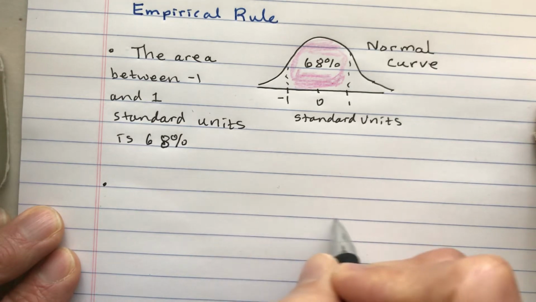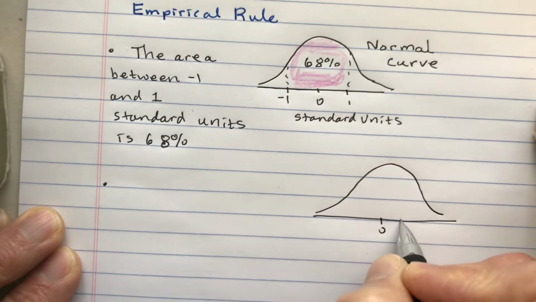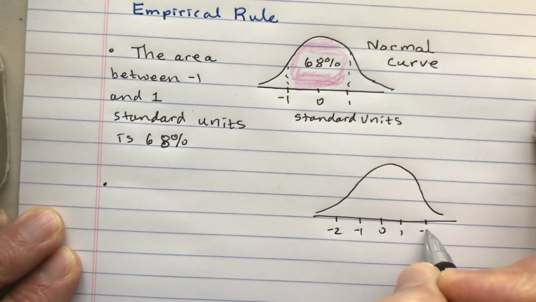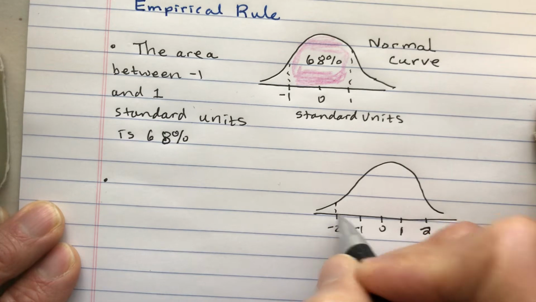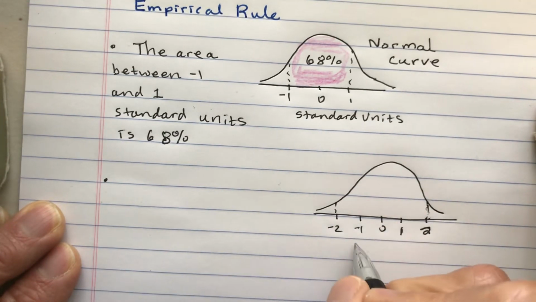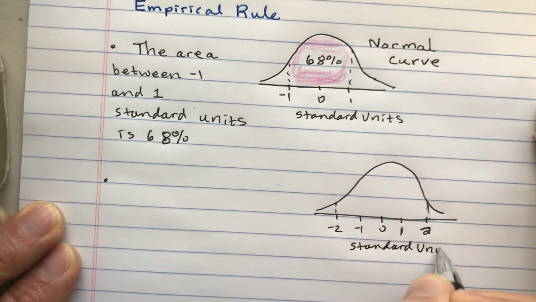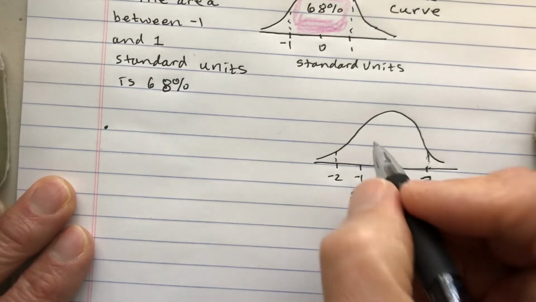Let me talk about between 2 standard units. Here I have 0, -1, 1, and my picture might not look the same as this one, but they're supposed to be the same. If I'm between -2 and 2 standard units, then that is going to be 95%.